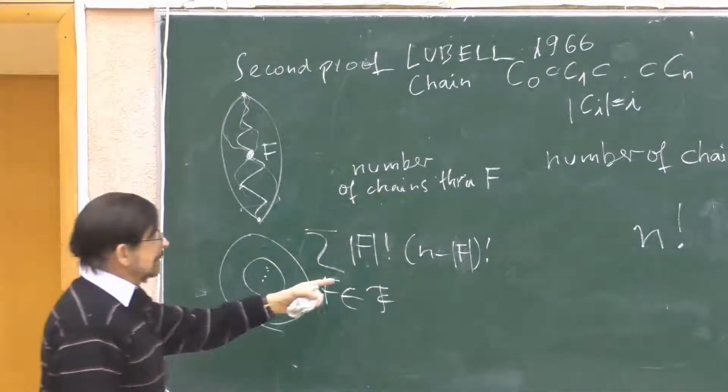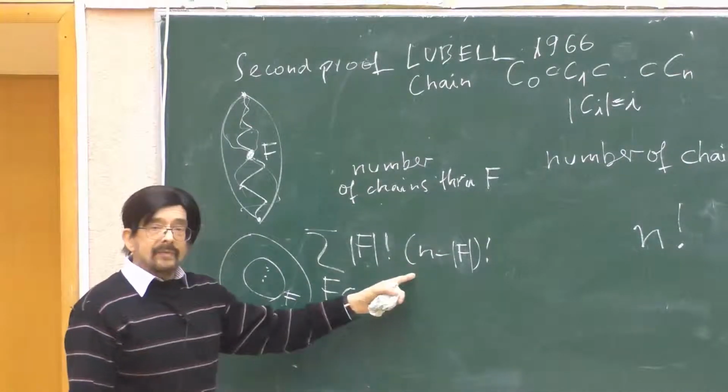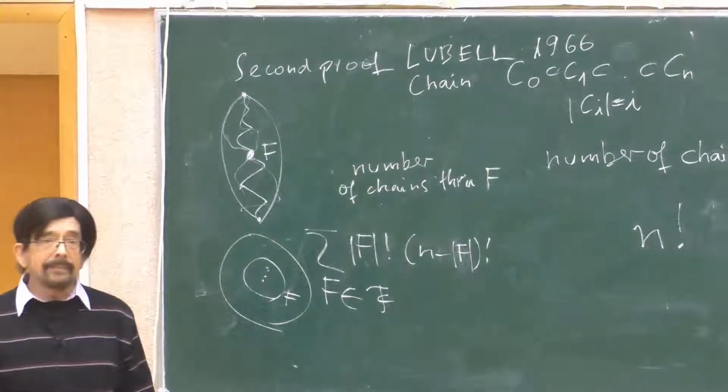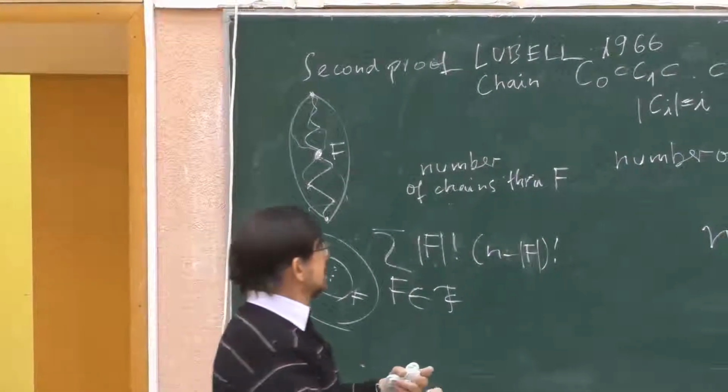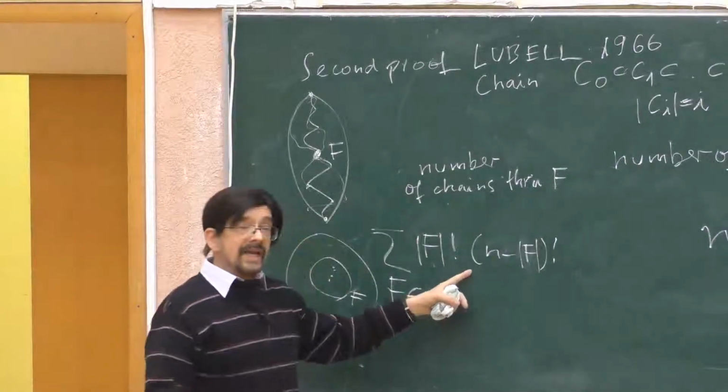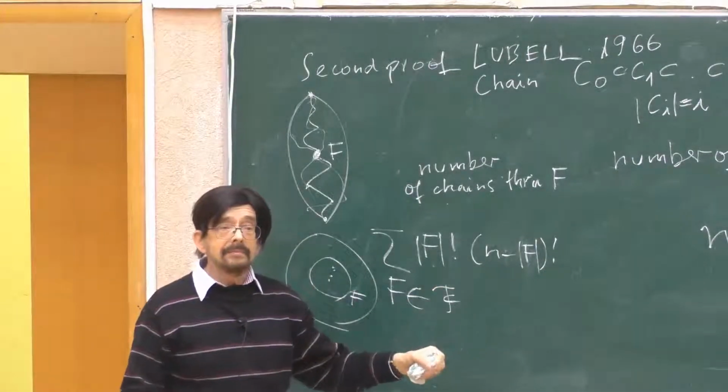So what happens if we add them up? Could we count one chain twice?